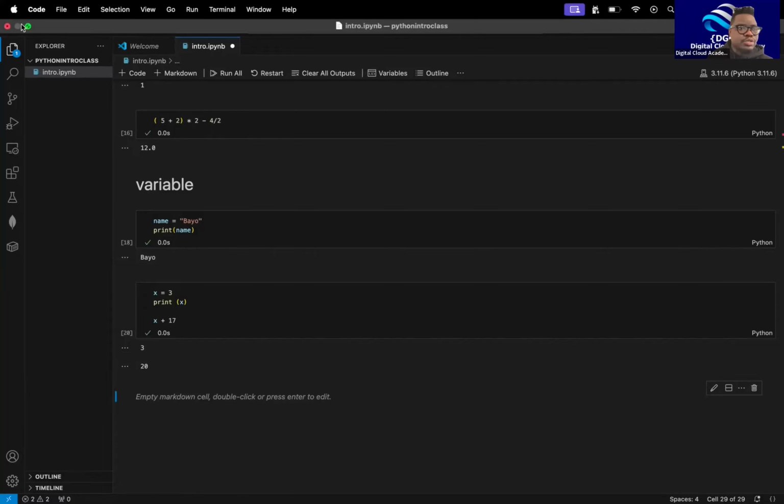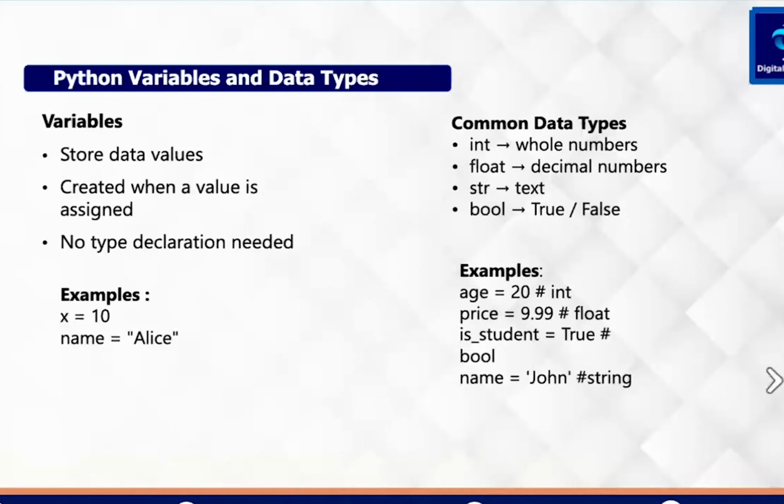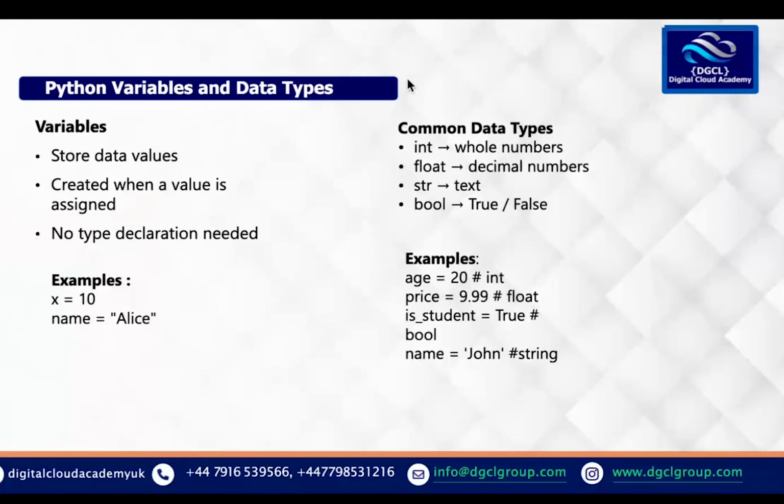So let's move back. I'm just using this note as a guideline so we can understand when we're reading or doing things ourselves. We can see here x is equal to 1 and so on. For example, you see age is equal to 20. We can see 20 is an integer. Price is equal to 9.99.